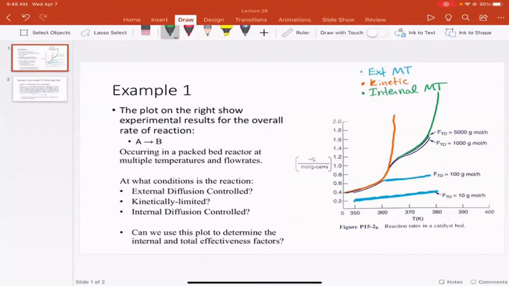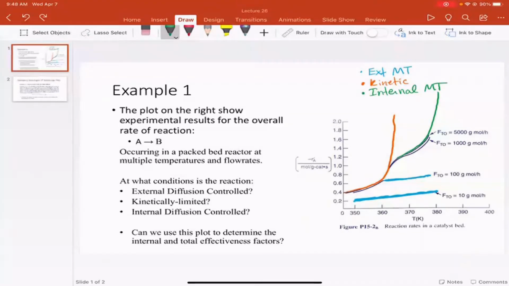And so when you look at experimental data like this, that is one way to think through the problem. The other thing that validates the fact that internal mass transport is controlling here is that the flow rate doesn't have an effect. Of course, it wouldn't have an effect on the kinetics either, but that's just another validation, I think, of the thought process.